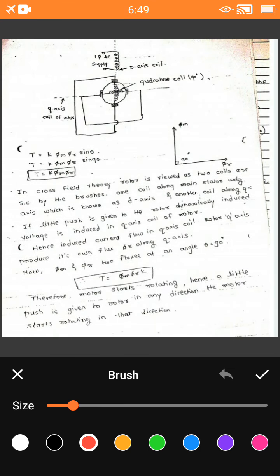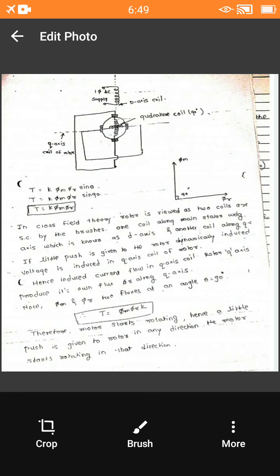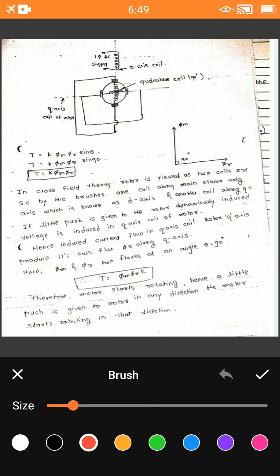In the cross field theory, the rotor is viewed as two coils short circuited by the brushes. This is the rotor, and the rotor has windings. These two coils are short circuited by the brushes of the rotor circuit, so the two coils are short circuited to each other.